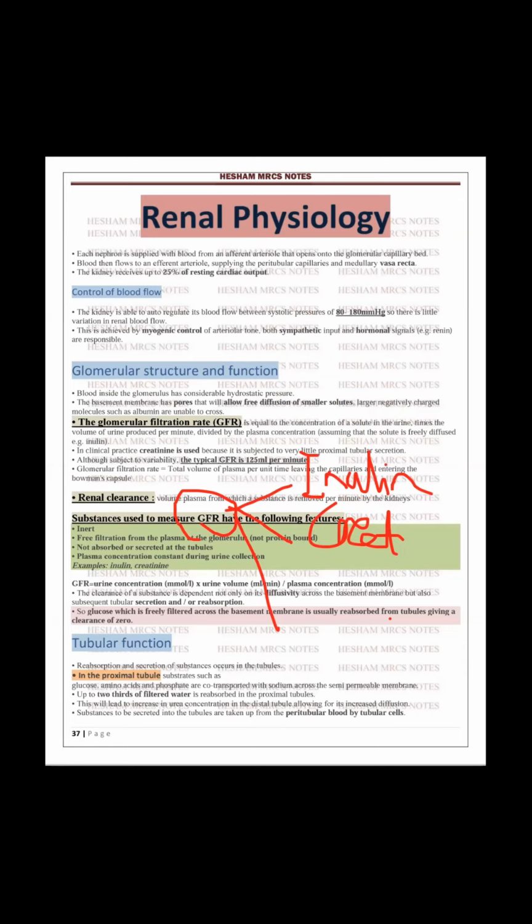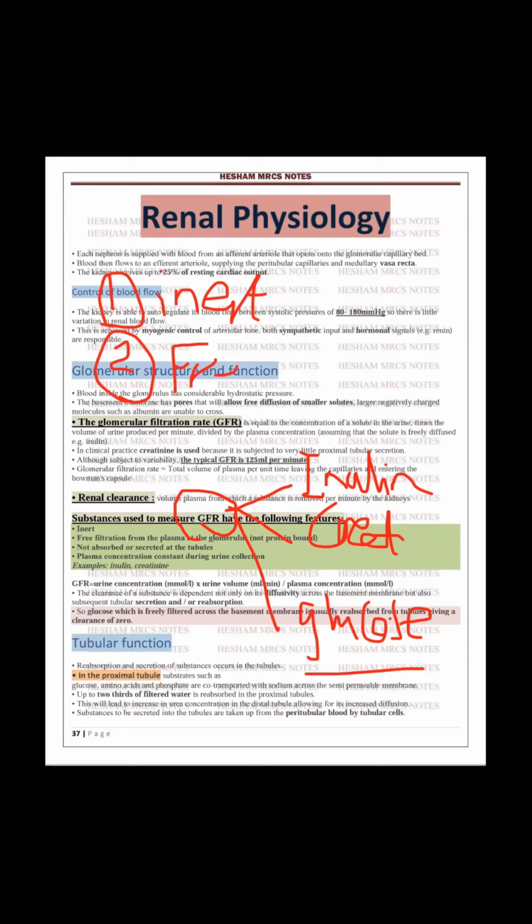Here I will put some criteria for an ideal substance for GFR. First, this substance should be inert, not active, not causing any chemical reaction. This substance should be freely and completely filtered through the Bowman capsule.